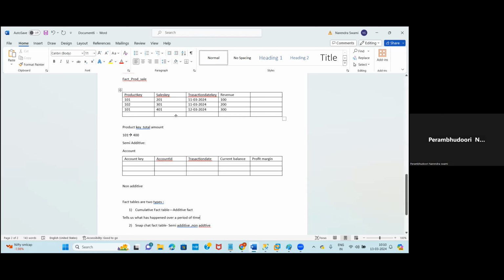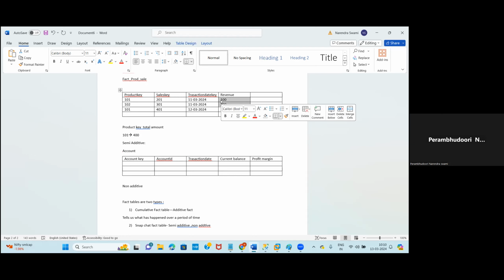If you look at this example, it says that on a particular day, for a particular product, how much revenue was generated. That is how, in a particular period, you see what has happened on a particular product. This is the example of the cumulative fact table.